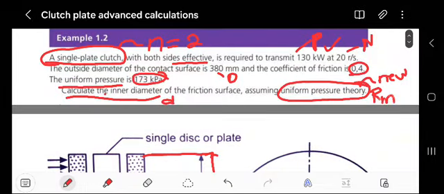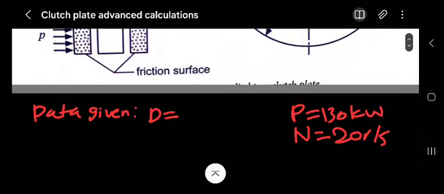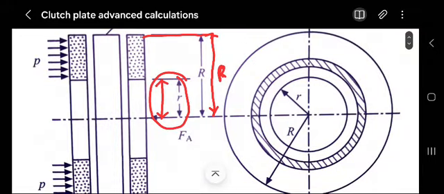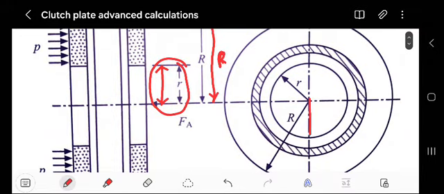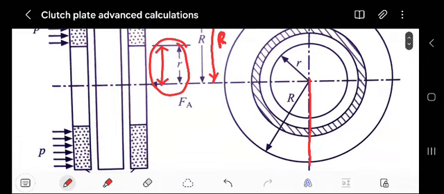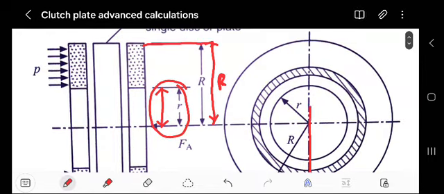Then the diameter is 380. You divide that by 1000, it will be 0.38. It's the outer diameter. From here until there, until here is this one, the outer one.